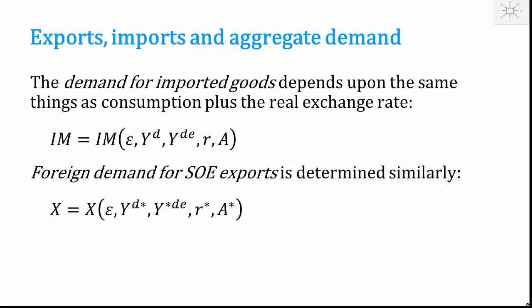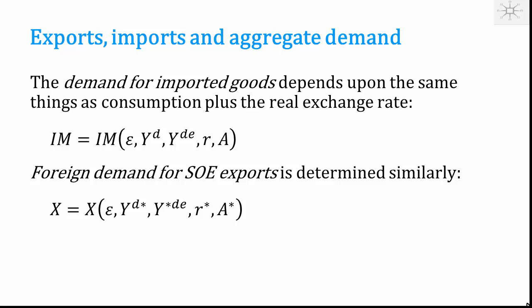But then also the relative price between the goods, because now in this open economy the consumer can buy domestically produced goods or imported goods, and presumably the amount that you buy of the foreign goods depends on the relative price. So if the relative price of domestically produced goods, that is epsilon, increases, then you're probably going to buy more imported goods, and that means that imports will be increasing in epsilon.